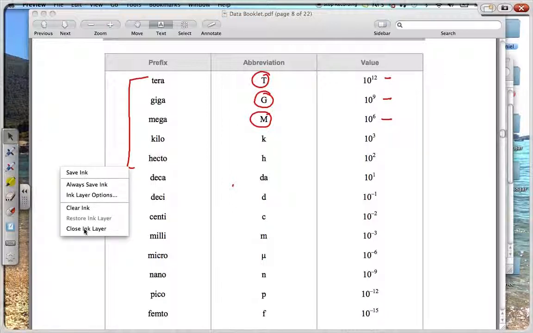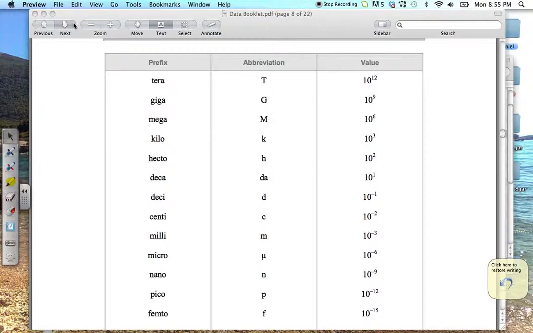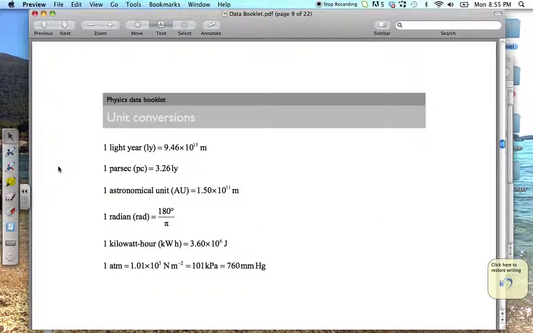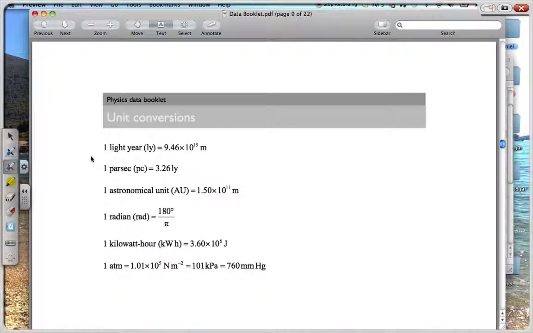Going on to the next page, we have these conversions which we use a lot. So we have the light year, which is the distance light travels in 1 year, and we know that's 3 times 10 to the 8 meters per second.